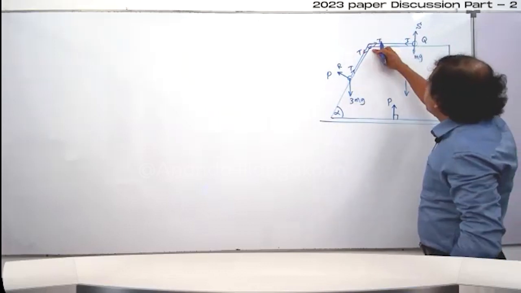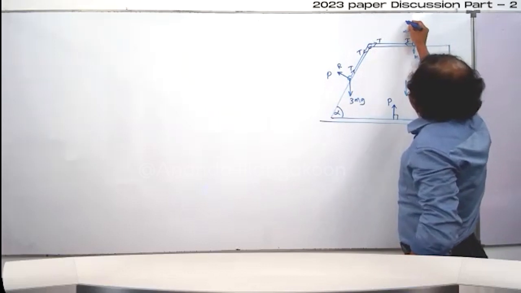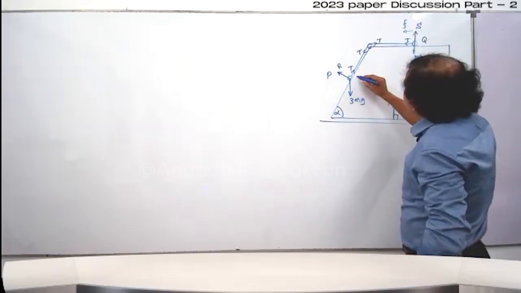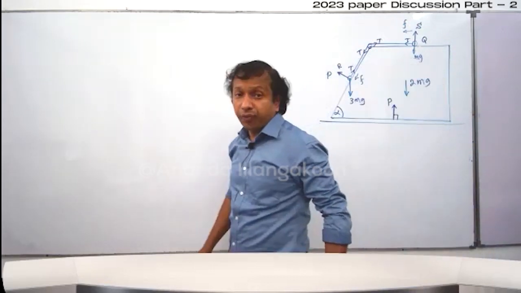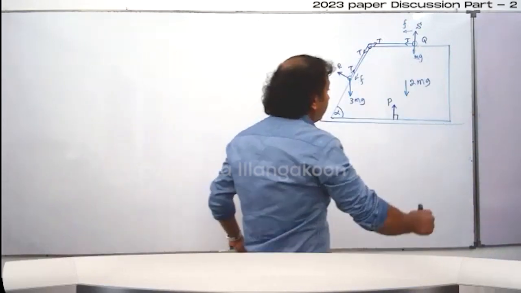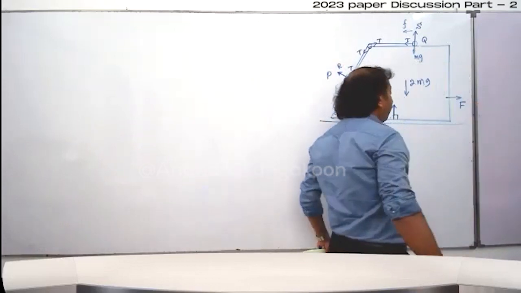So relative to the wedge, let us take this direction as simple left, the acceleration of P and Q relative to the wedge is f. Now the wedge moves rightward with acceleration capital F.